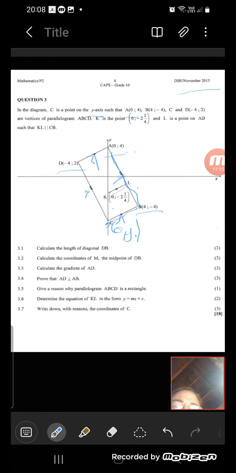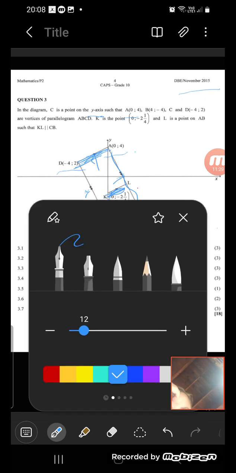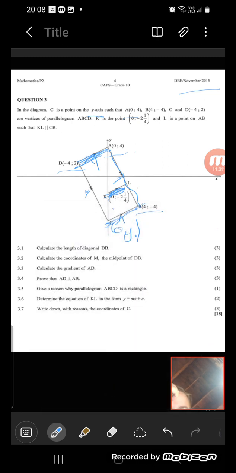Now you already go, ooh, parallel. Okay, the gradients are the same if they're parallel. These gradients are the same as well. And this gradient, that means that this gradient is also the same as this. Also, it means that these gradients are the same as well. Cool. So, there we go.